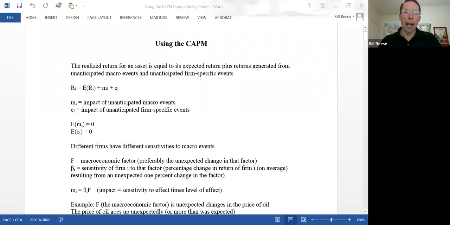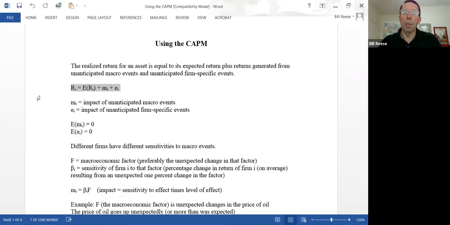So I'm going to pull up the notes for this section and put it here. We're going to start out with this equation right here. It says the return, this is not expected return, but the actual return on stock I is equal to its expected return plus M sub I plus E sub I. What is M sub I?